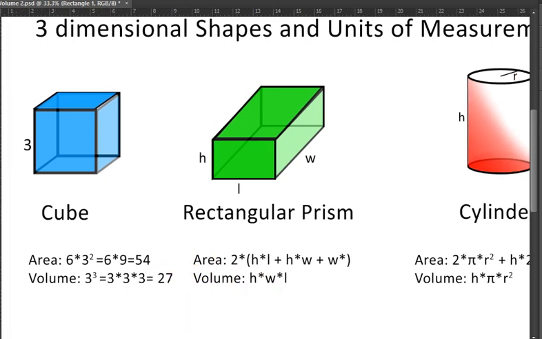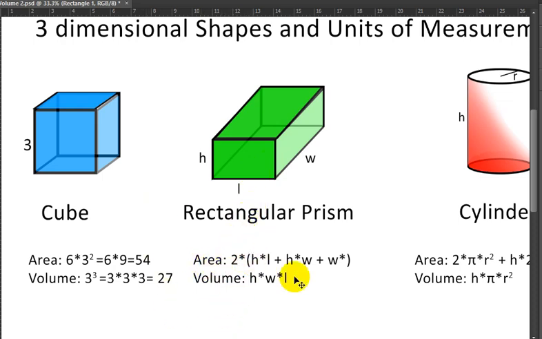Next up, we have the rectangular prism, right? You can see here that this is basically made up of 6 different rectangles. They're equal in pairs. This face is equal to the back face, the right face is equal to the left face, and the top face is equal to the bottom face.